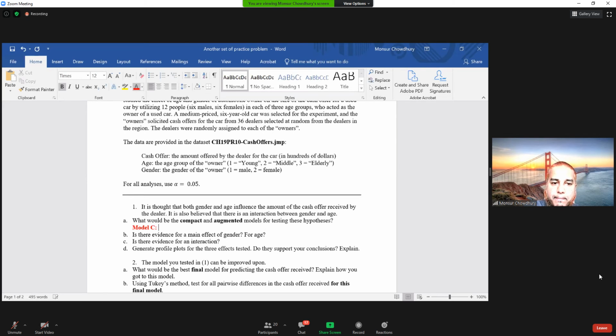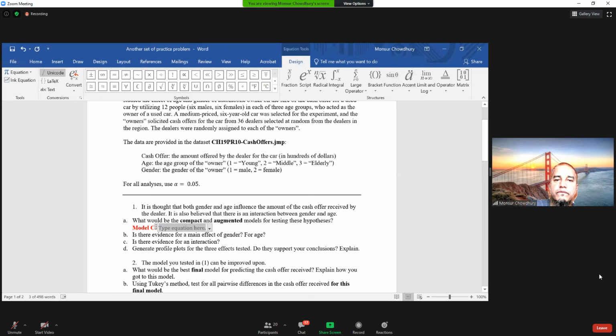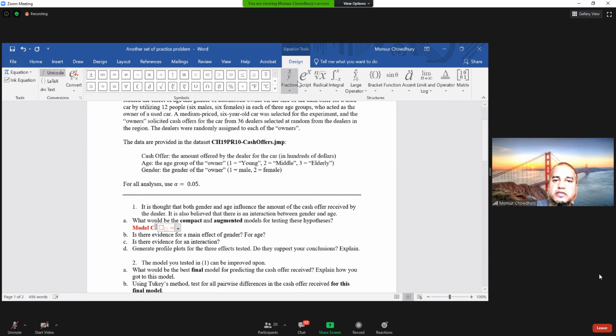Model C. Model C is the simple model. So it is Yi equal to beta 0 plus epsilon i.